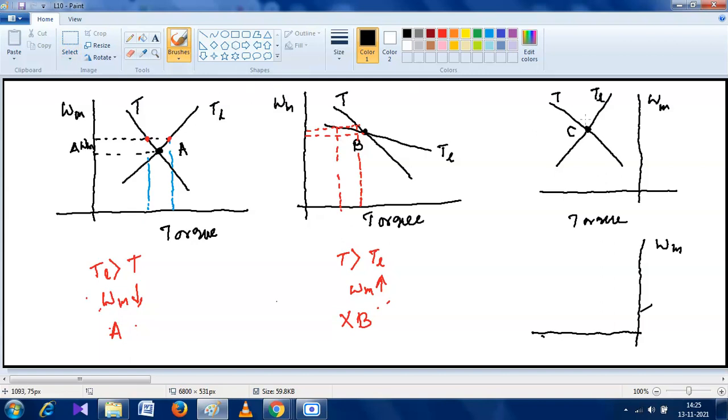Let me check. Suppose we take a small perturbation. This is the operating, or say equilibrium, point speed, and this is the small perturbation.